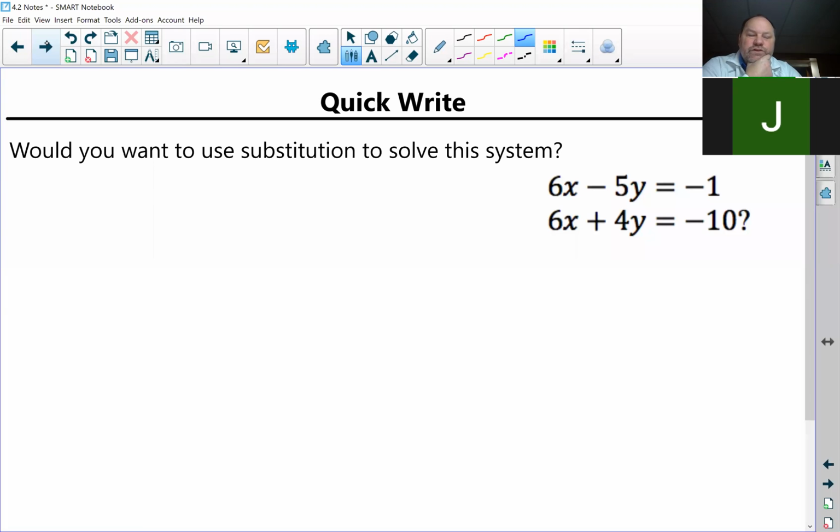In order to use substitution, what's the one thing we need from one of our equations? It doesn't have an x or a y. Right, right. So in this case, it's not an x equals or a y equals. So I probably wouldn't choose substitution.